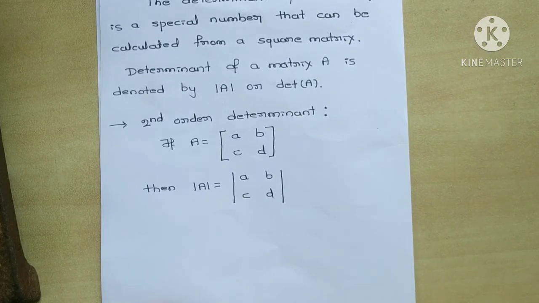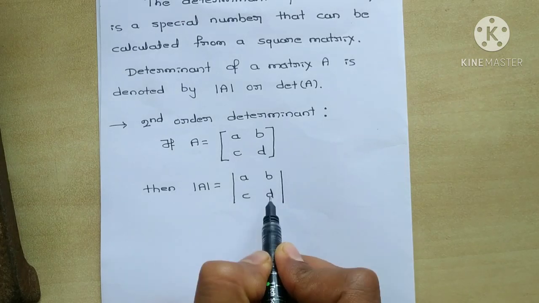So next step is to find the second order determinant value. To find it, we have a rule. What is that rule? Always go from left top to right bottom.